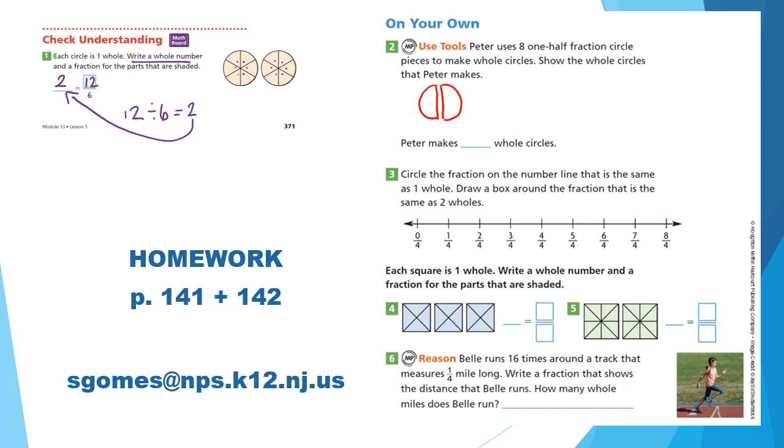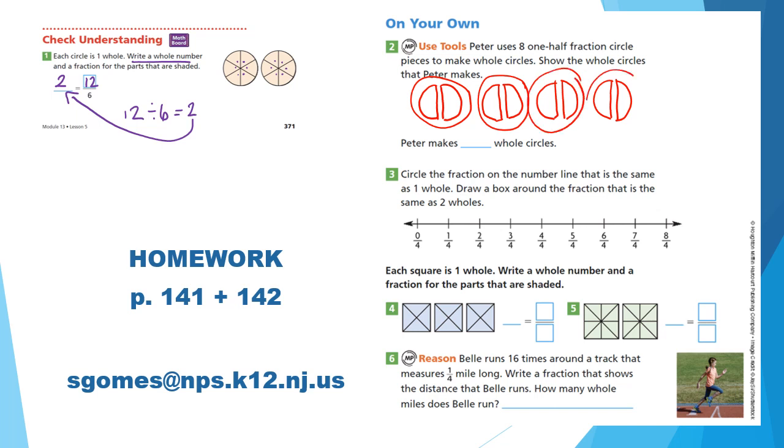So that's 2 half circles, 4 half circles, 6 half circles, and 8 half circles. So if I take those half circles and I put them together, I'm going to make 1 whole circle, 2 whole circles, 3 whole circles, and 4 whole circles. So Peter makes 4 whole circles.